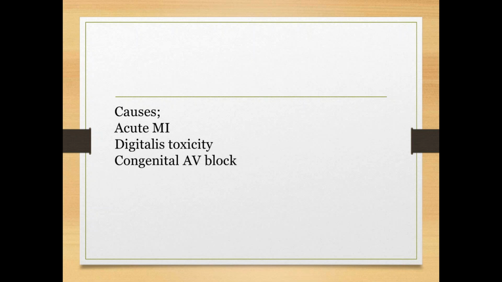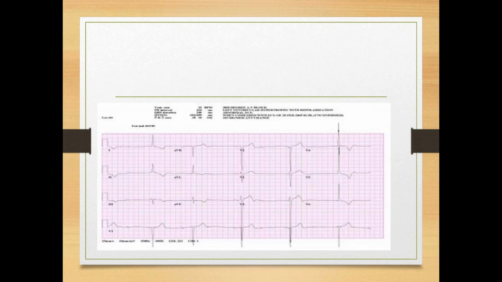Causes are acute MI, digitalis toxicity, and congenital AV block. This is an ECG of a complete heart block. It's not very clear, but you can see a P wave. Then there is a QRS complex here. So there's an atrial contraction, then a ventricular contraction. They are all independent of each other. And there is severe bradycardia also.